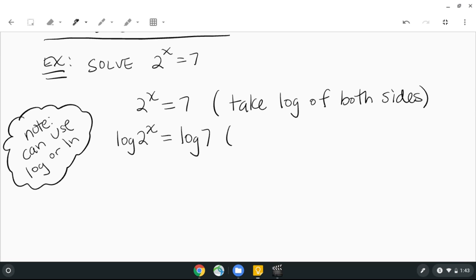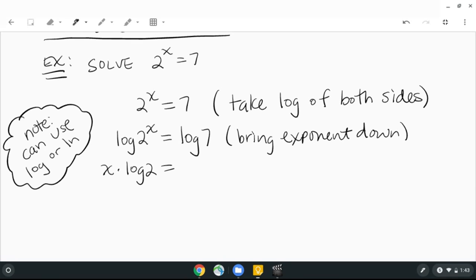Okay, so that allows me to bring it down to the front, which is great because then now this just becomes a regular equation to solve.